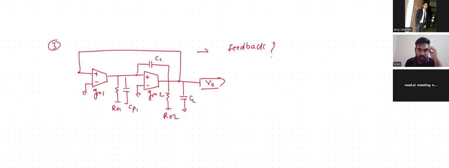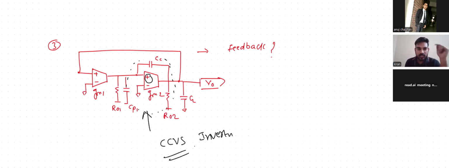Whatever this block has to work as, normally I want it to be a current controlled voltage source. It should be an inverting amplifier, but we connected it to the positive terminal. This should be interchanged. These two, whatever this plus and minus has to be interchanged. What about the first block?